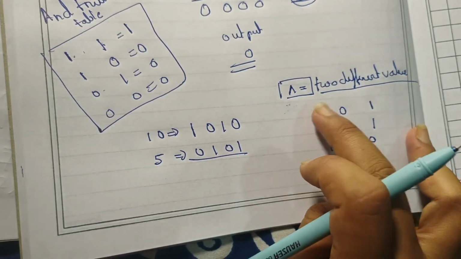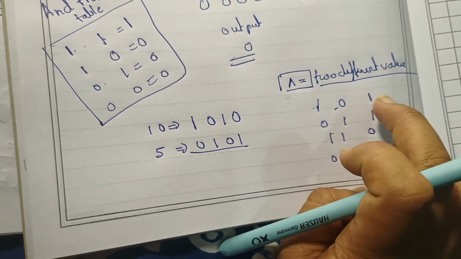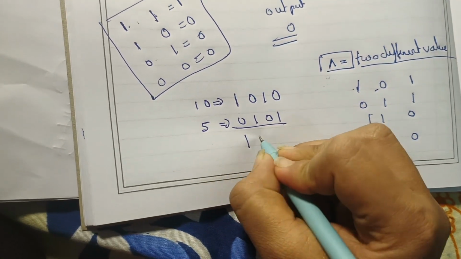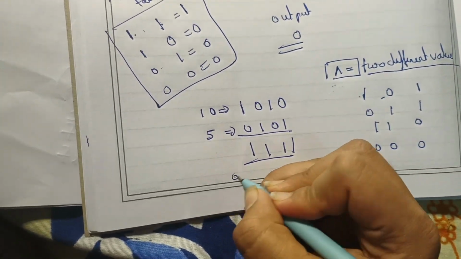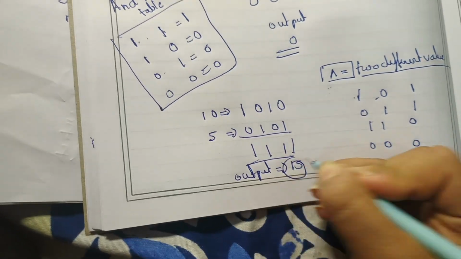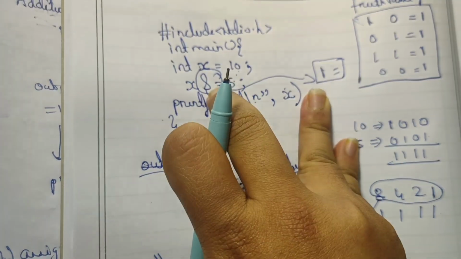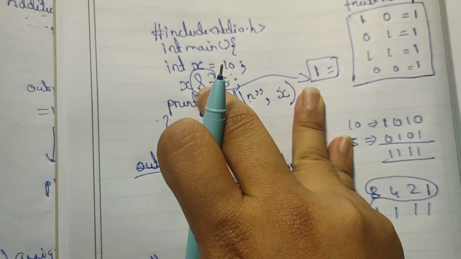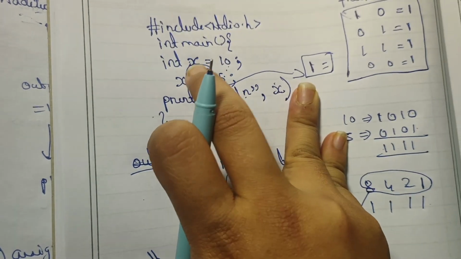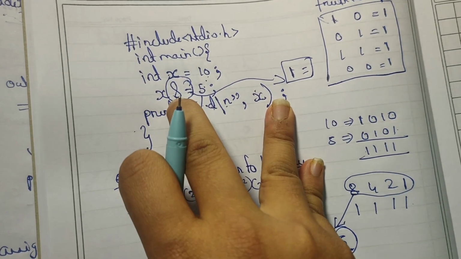With XOR, if the two values are different, the result will be true, that means 1. For every position we get 1 1 1 1. So what will be the output with XOR? It will be 15. You can refer to this program. At this part you can change the operator: addition, subtraction, multiplication, division, modulus, AND operator, OR operator and XOR operator.